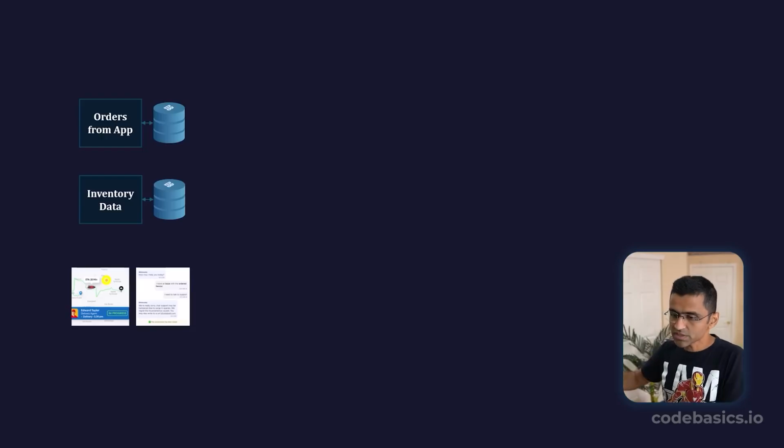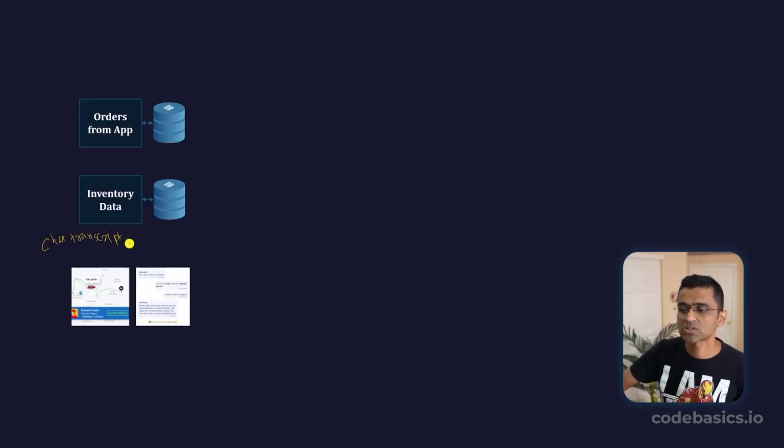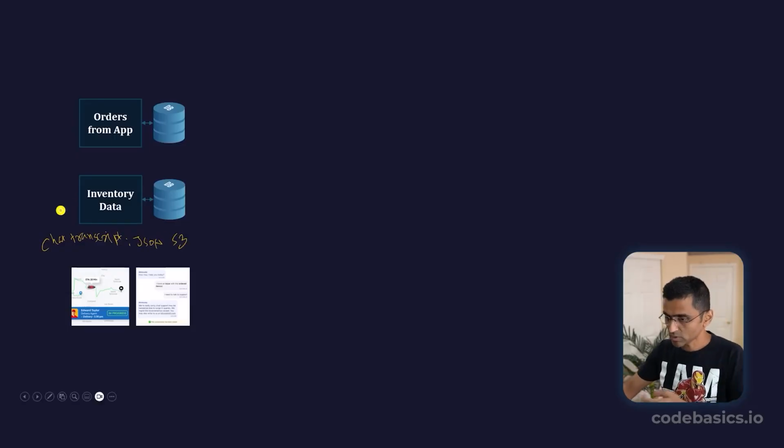Now, in terms of unstructured data, you can have all these, let's say, chat transcripts, right? Let's say this chat transcript is stored as a JSON object in your Amazon S3 bucket. You might also have some clickstream data, right?